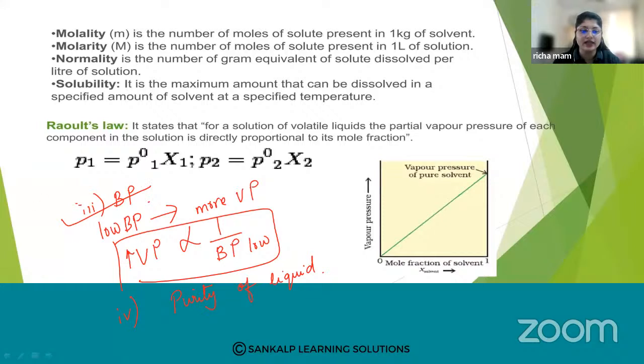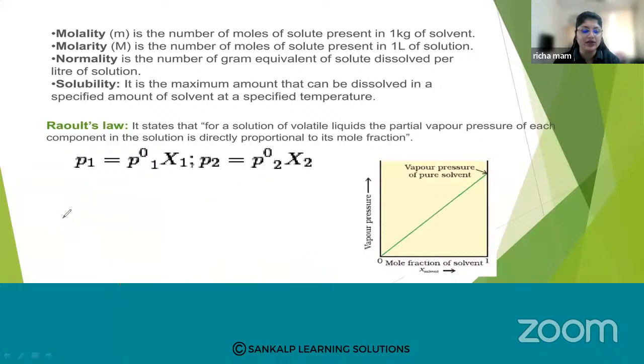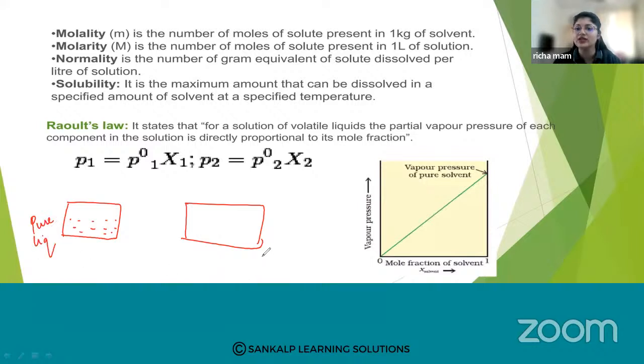Now suppose I take an example. Suppose I have two closed beakers. Here in this one, I have taken a liquid A, a pure liquid. Pure liquid means nothing is mixed in it, it is only one liquid. And in another beaker, I'm taking a solution.